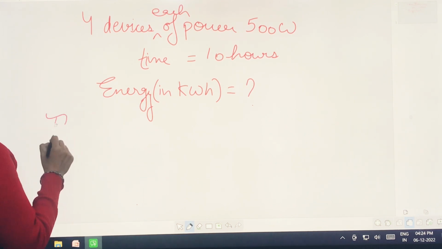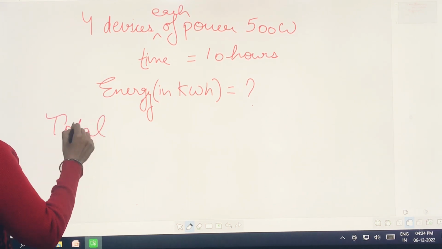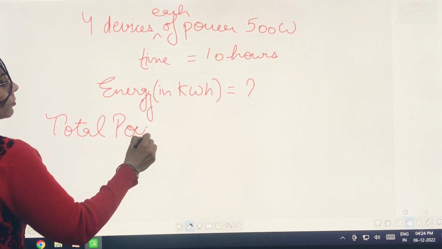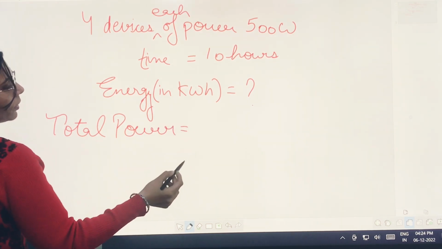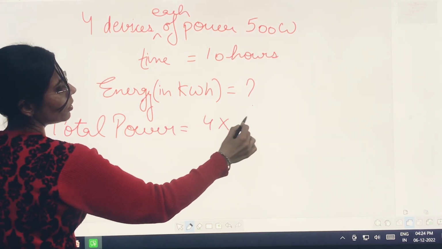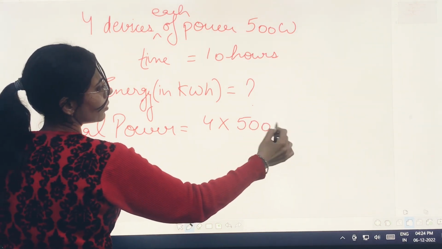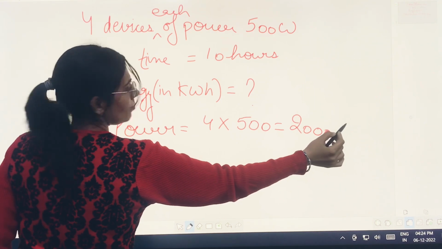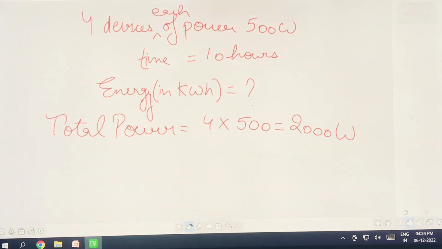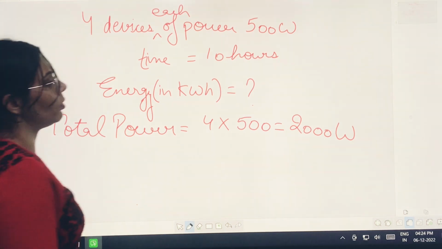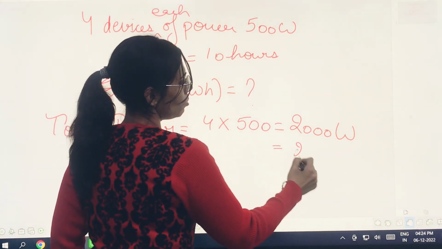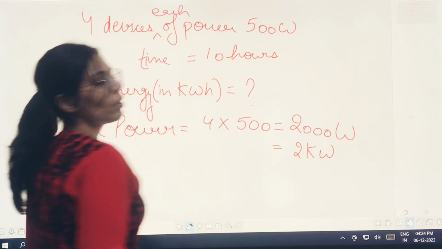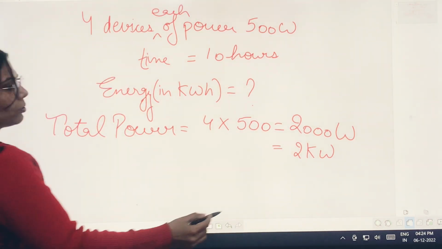The total power will be equivalent to 4 multiplied by 500, and this will be equivalent to 2000 watt. Fine. So total power will be 2000 watt, and if you want to calculate in kilo, this will be 2 kilowatt. This is W, capital W.